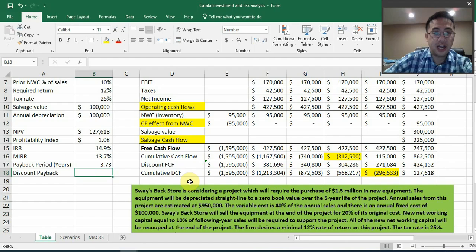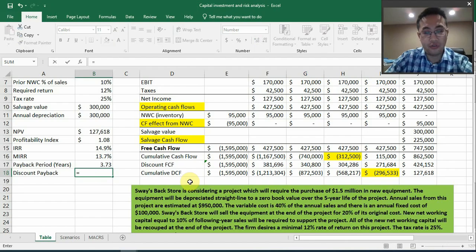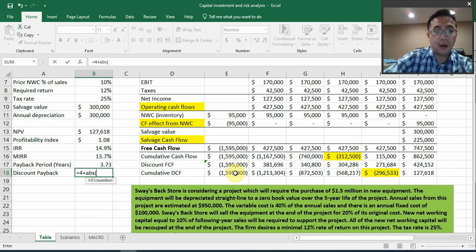And to get the discounted payback period, it equals 4. Number 4 is the integral part because it has already taken a full 4 years to pay off the original debt. All right, plus a fractional part of the 5th year. And how do you get the fractional part of the 5th year?